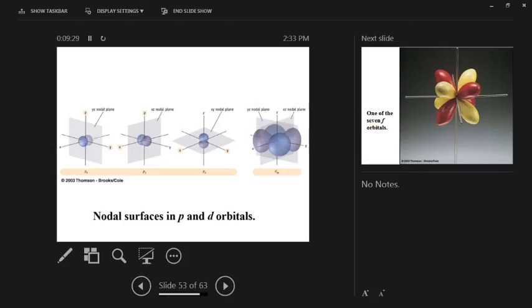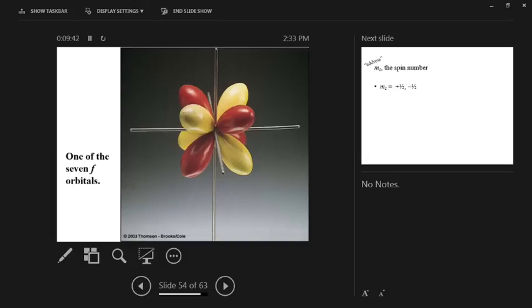And this one is a nodal plane for one of the 5d orbitals. This reminds me of the old-timey wooden ball and stick models that I've got here in the lab.